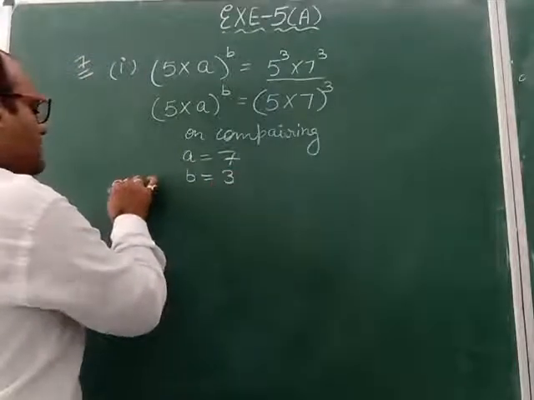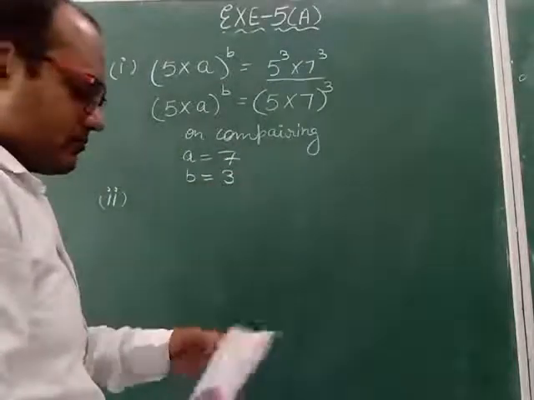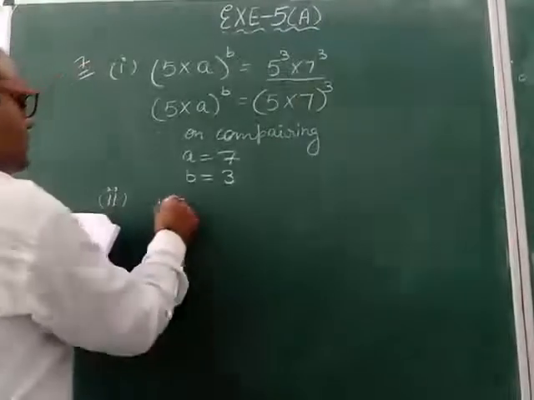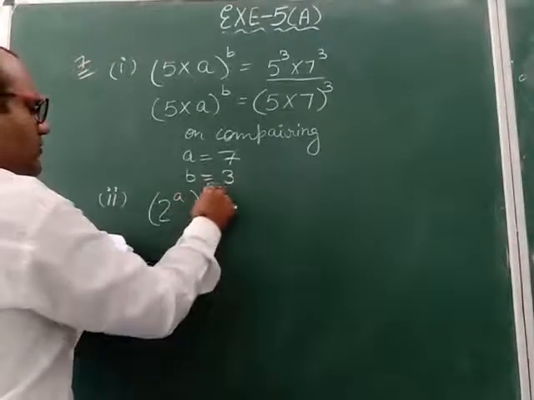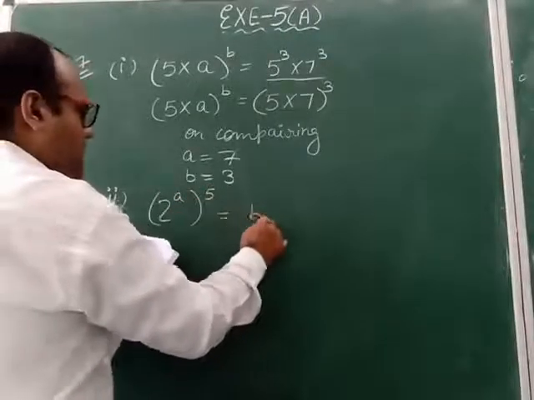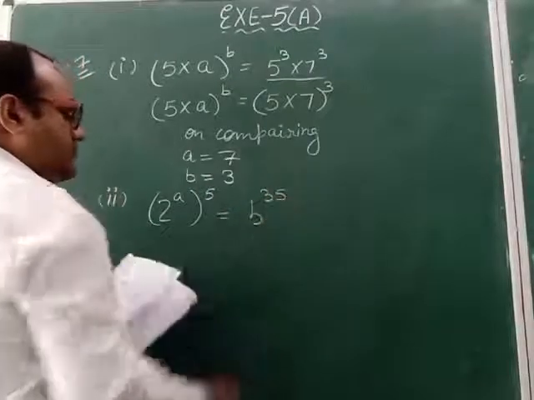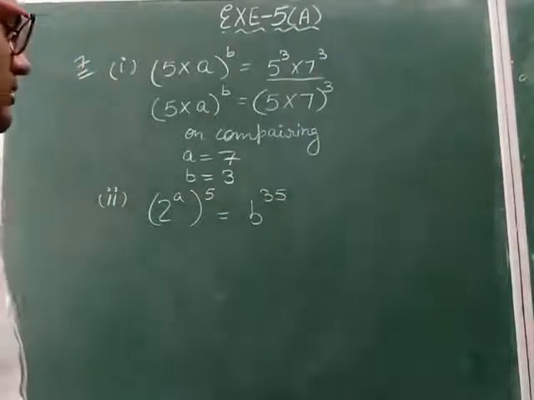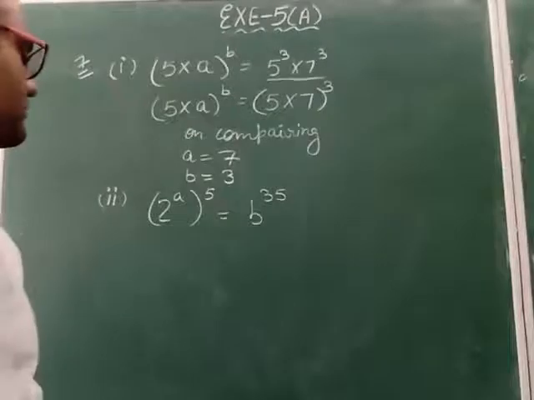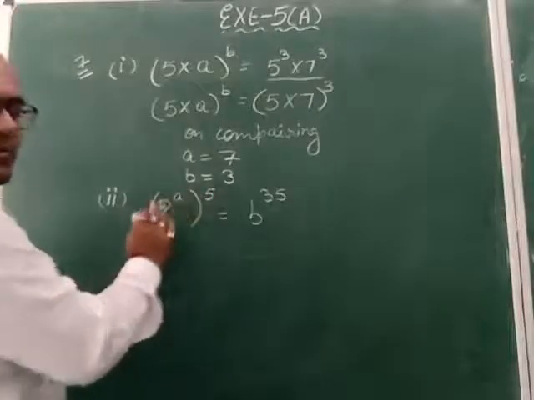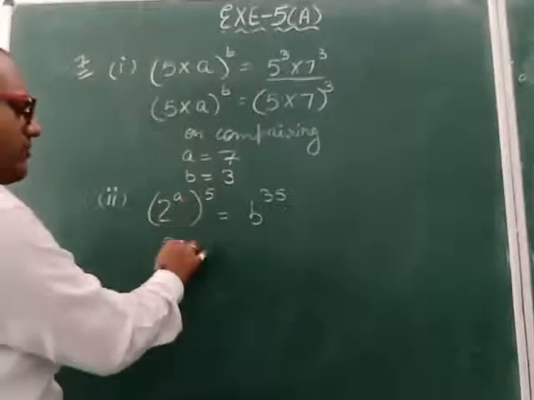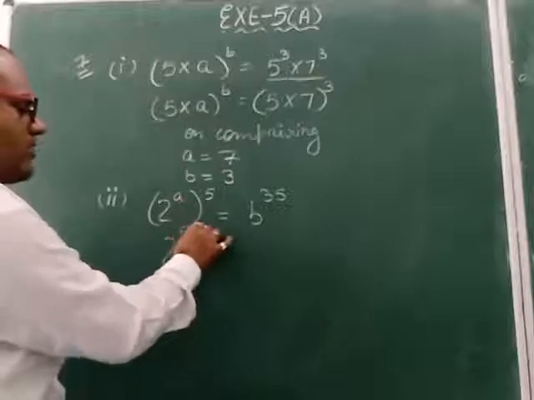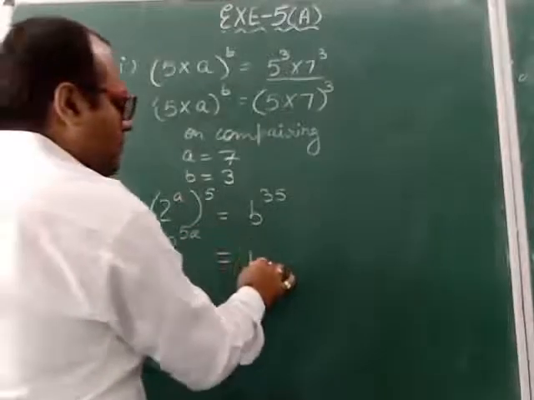Now another part: 2 power a whole power 5 equal b power 35. Now what we have to do? One power is inside, one power is outside. Both the powers we will multiply. So 2 power 5a equal b power 35.